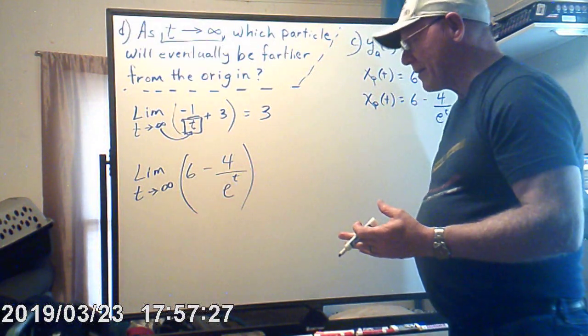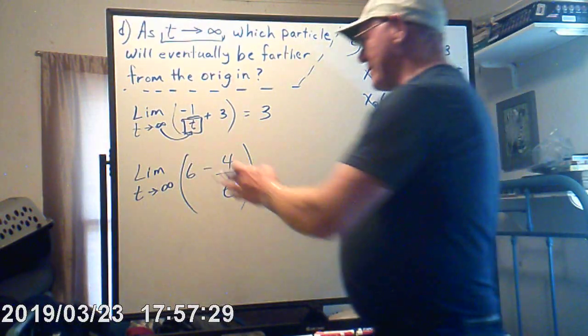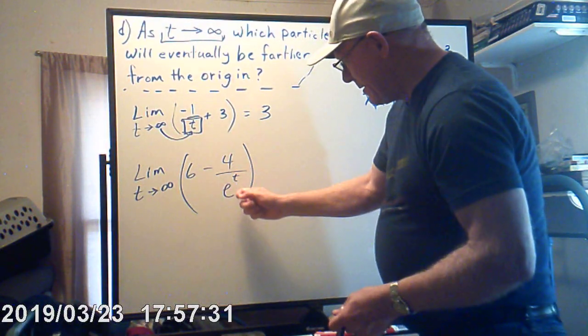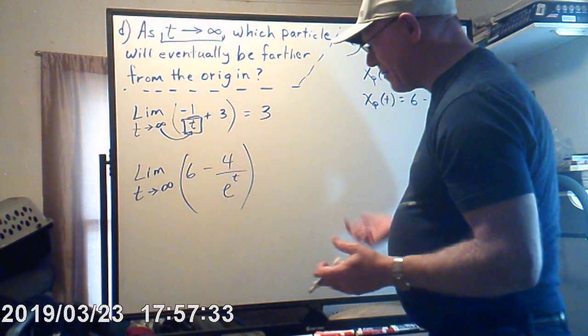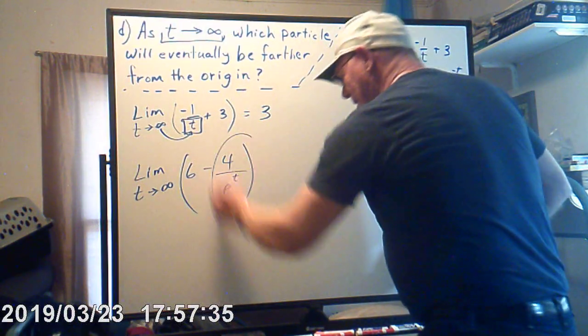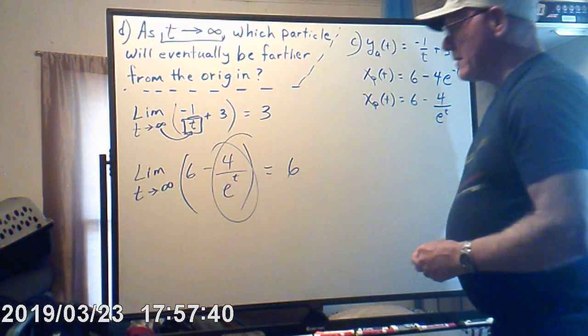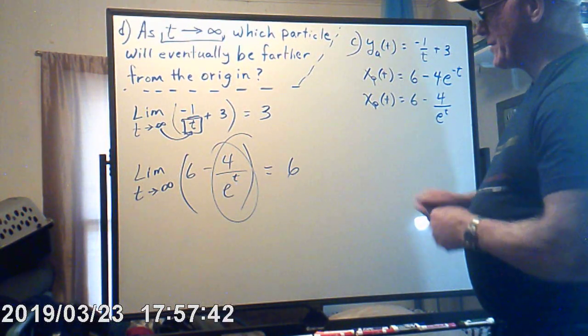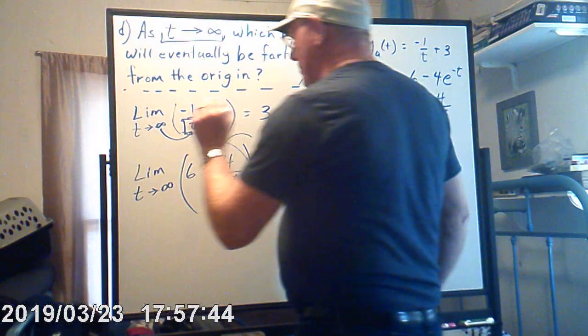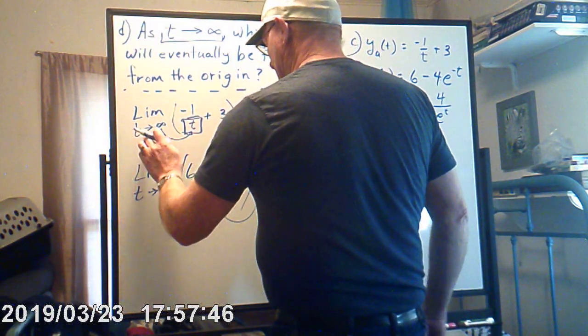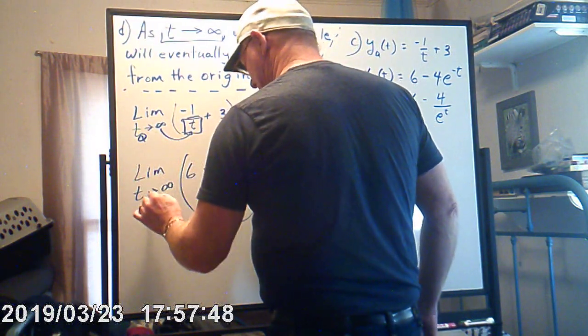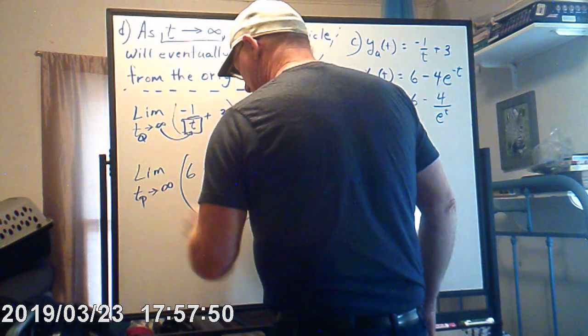E to the t approaches 0 also. So this right here is 0, so this is just actually going to be 6. So we probably need to say this is particle Q and this is particle P.